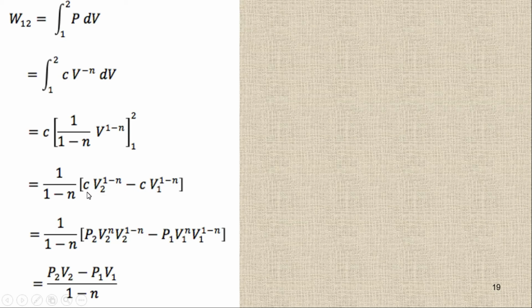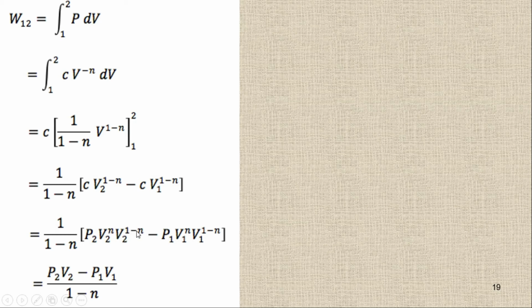Now the C is simply P V^n. So for the first one, I'm going to write P2 V2^n for this C, and we have V2^(1-n) from here. Then we have minus, and then we have C, which is P1 V1^n, times V1^(1-n). When I solve this, I'll get P2 V2^(n+1-n).